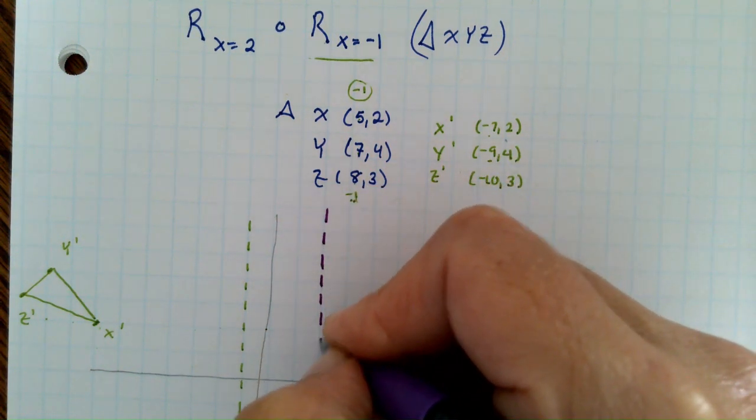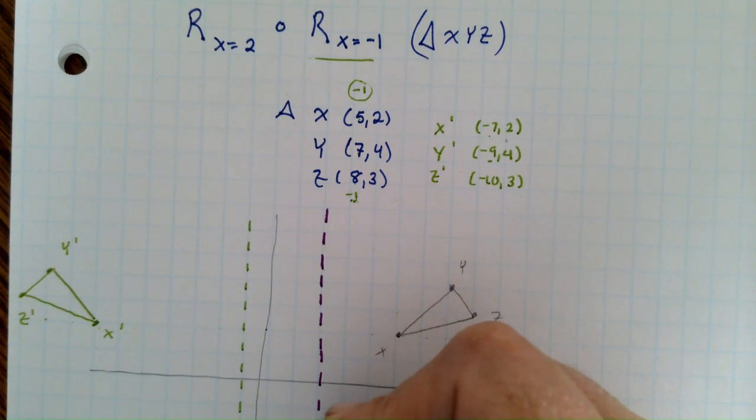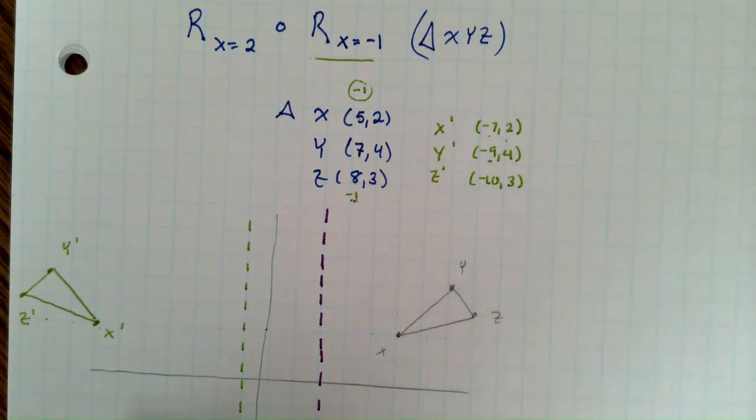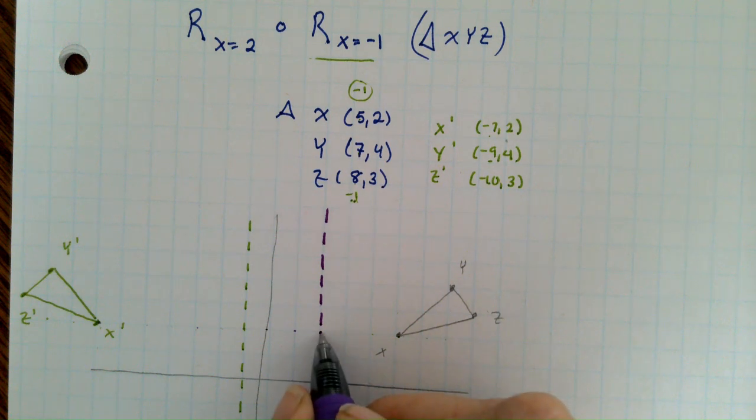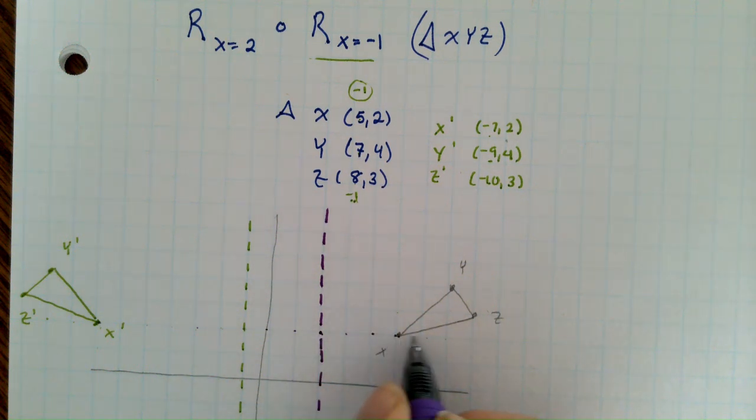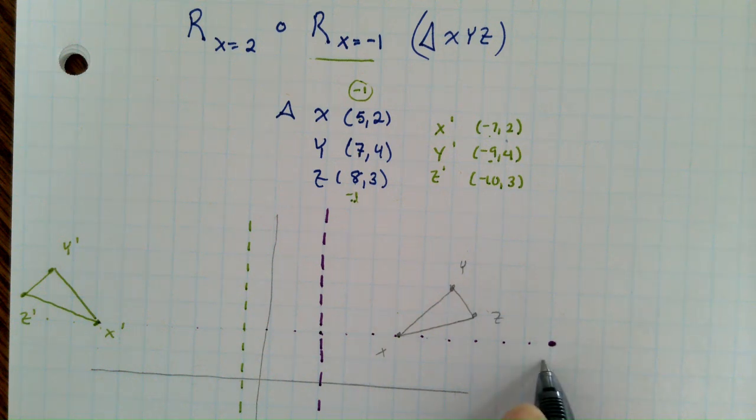Okay, here's the line x equals 2. Notice I color-coded so that we could figure this out. So the x is 1, 2, 3, 4, 5, 6, 7, 8, 9 spaces. So we got to go 1, 2, 3, 4, 5, 6, 7, 8, 9.